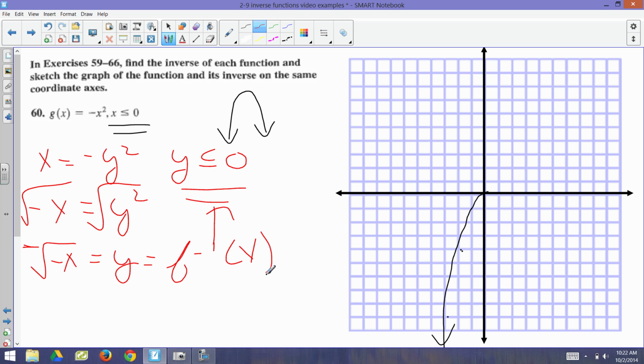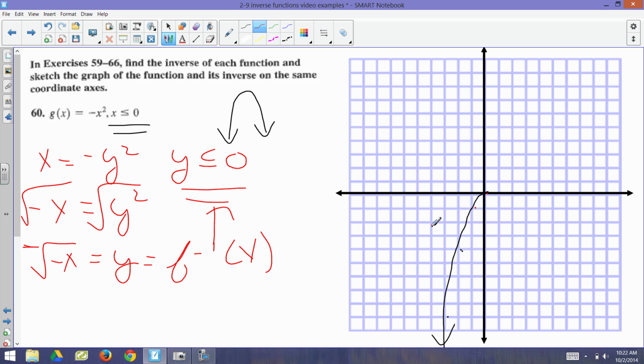And if I were going to graph that, I personally think the easiest way to do it is to graph 0, 0, switch the points, I still have 0, 0. Negative 1, negative 1, switch the points, I still have negative 1, negative 1. But negative 2, negative 4 now becomes negative 4, negative 2.